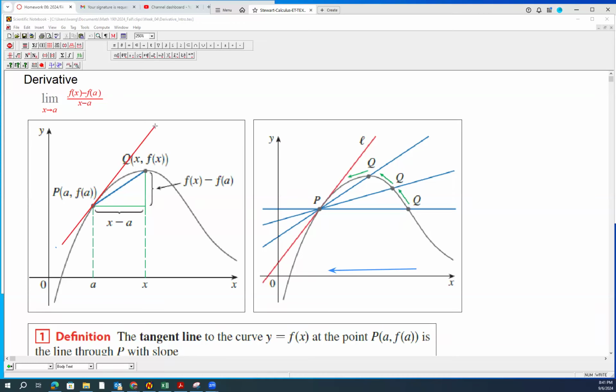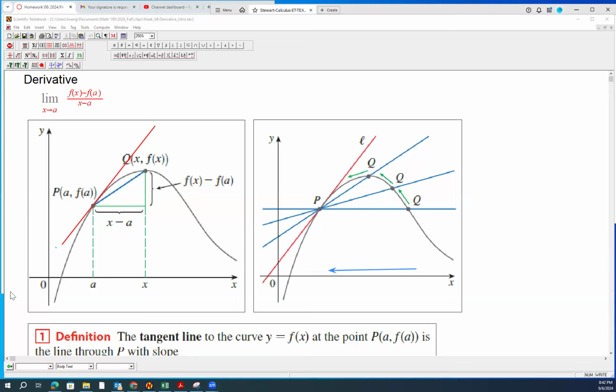So this limit is defined as the slope of the tangent line at a. That's our definition of the derivative at a. So the derivative at a has the meaning of the slope of the tangent line to a point on the curve, because P is a point on the curve.